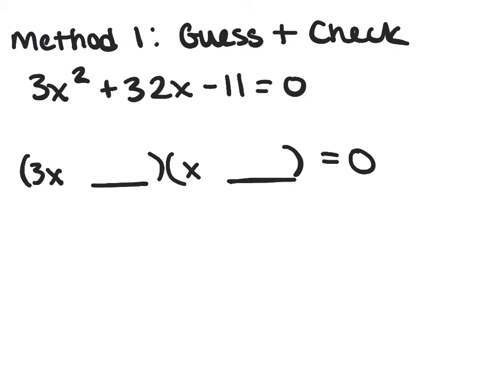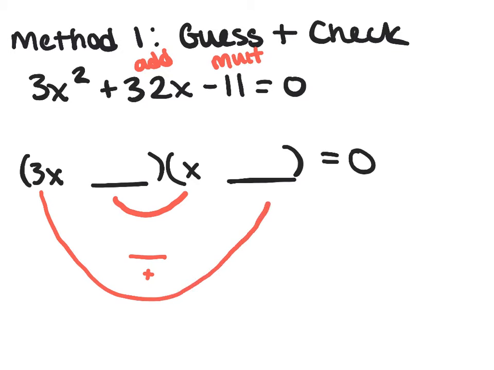And we need to make it so that if we plugged in the numbers, they would multiply to negative 11 and add, so that if I took the product of this plus whatever this adds to equals 32x.